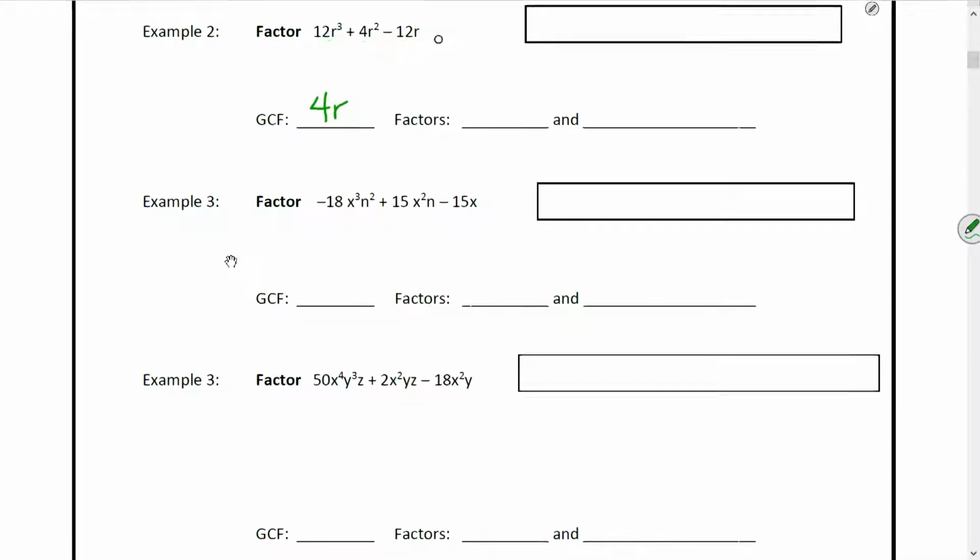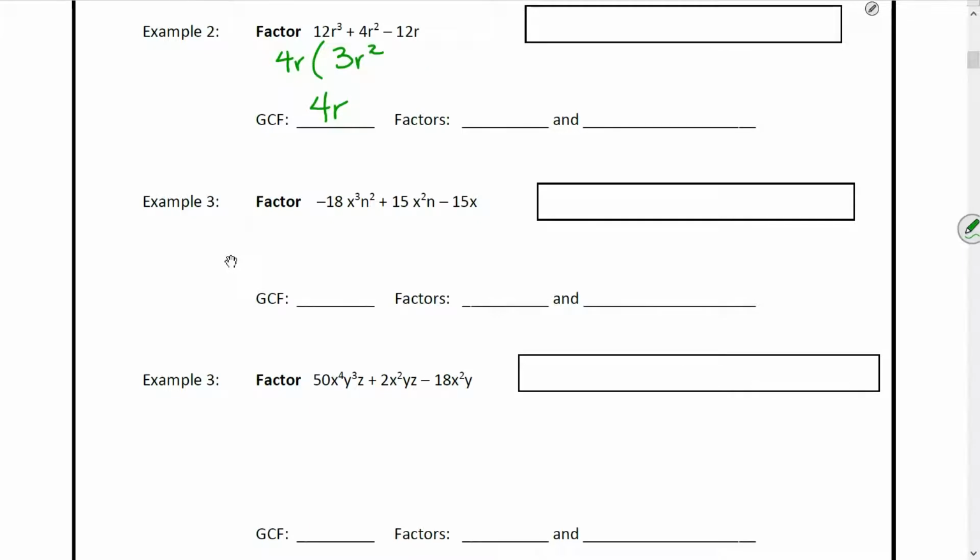So factoring out that greatest common factor, I ask myself, 4r times what is 12r cubed? Well, the number 4 times what is 12, and the answer is 3. And then r times what is r cubed, and it's r squared.